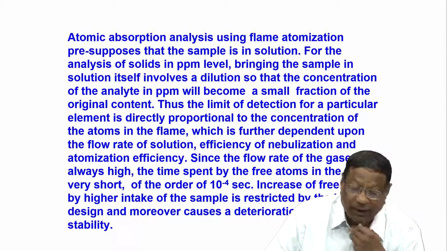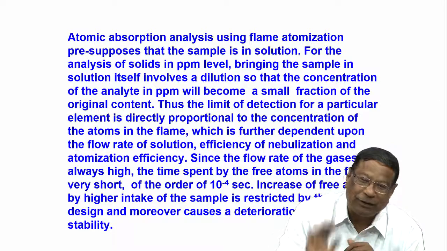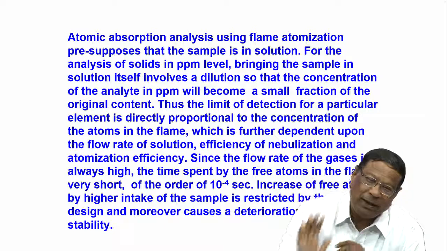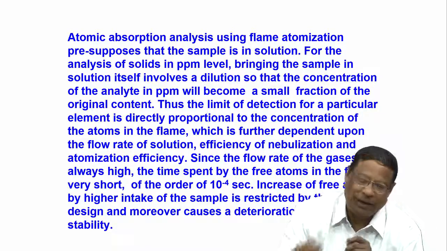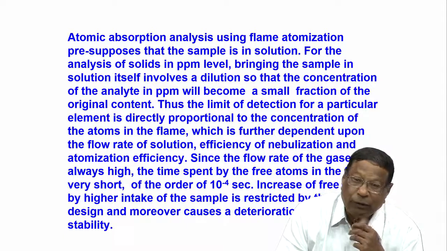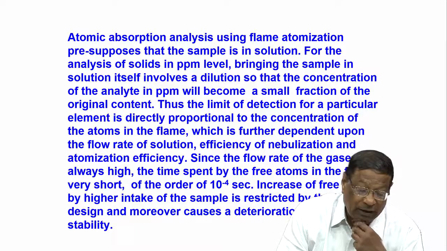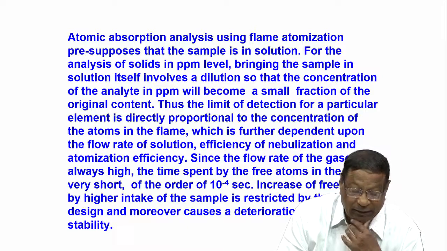So, that means it is further dependent upon the flow rate of the solution, how fast or how slow we let the aerosol enter the flame. The flow rates of both the oxidant and acetylene gas are very high, of the order of about 6 liters per minute and 3 to 4 liters per minute.